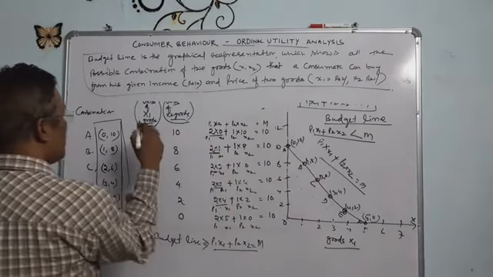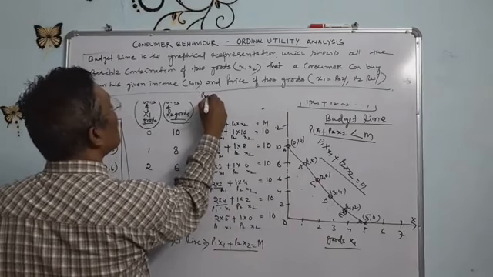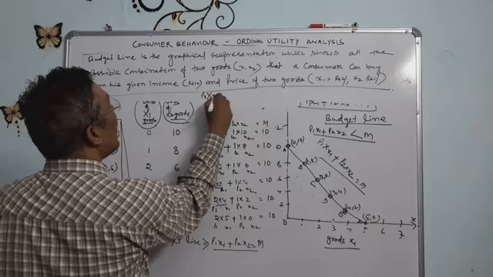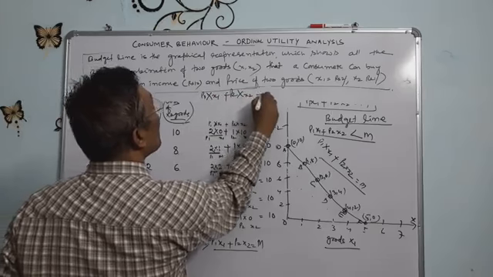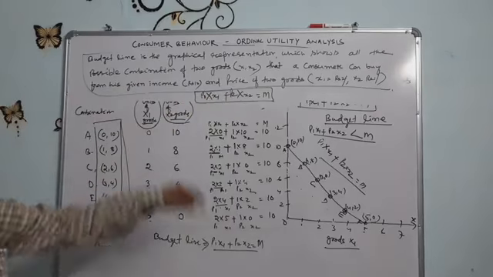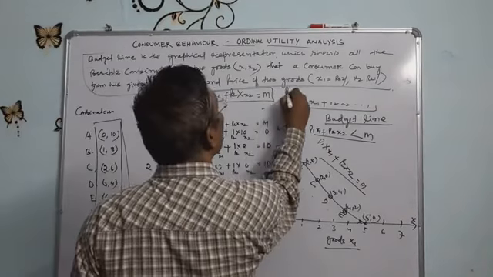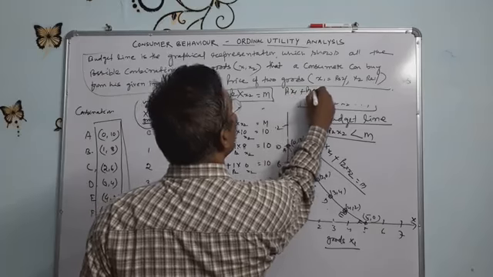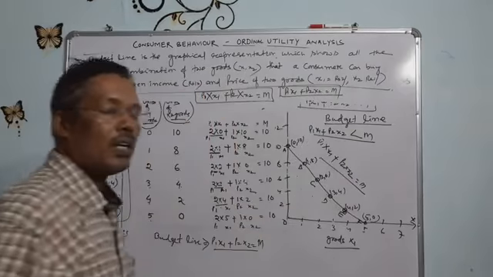AF is called the budget line, and that shows P1 into x1 plus P2 into x2 equal to M. That is the numerical way. Or we may write P1x1 plus P2x2 equal to M. This is called budget line.